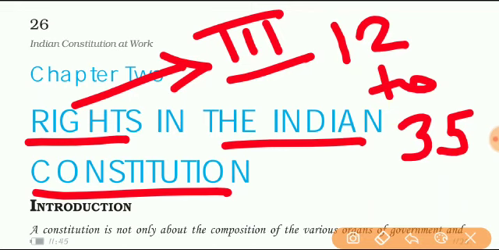See, fundamental rights are the basic claims that are very essential for sustained life in a country like India. So here we are going to take an overview of this chapter, Rights in the Indian Constitution. So let's start.